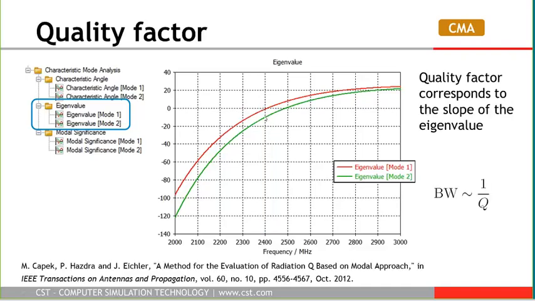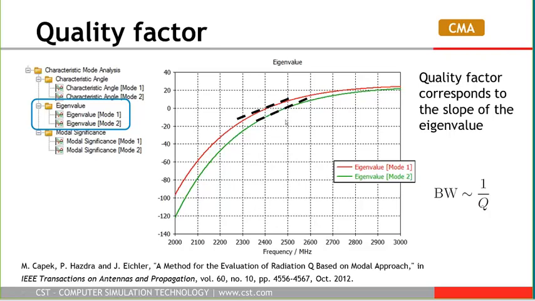Another important property which we can calculate from the eigenvalue is the quality factor. And the quality factor actually is inversely proportional to the bandwidth of the system which it can achieve. And we can calculate it by looking at the slope, or in other words, at the rate of change of the eigenvalue.